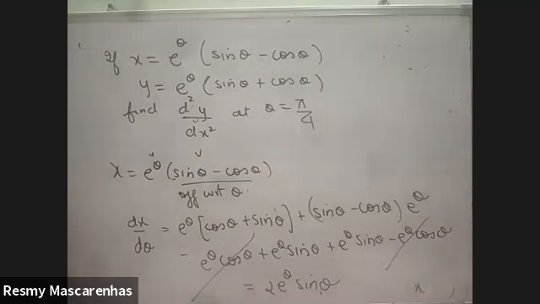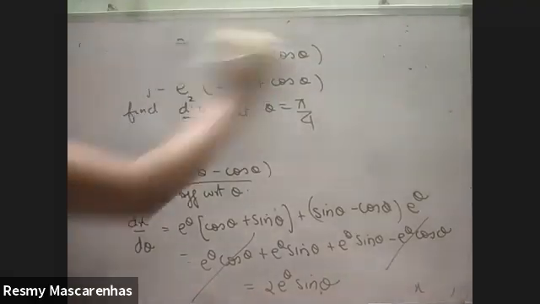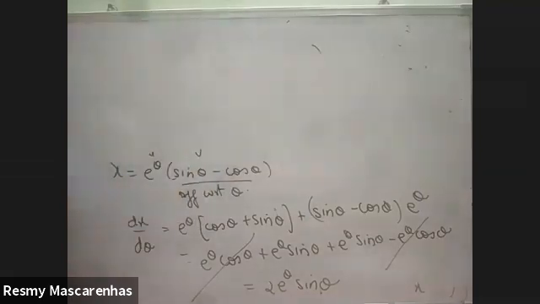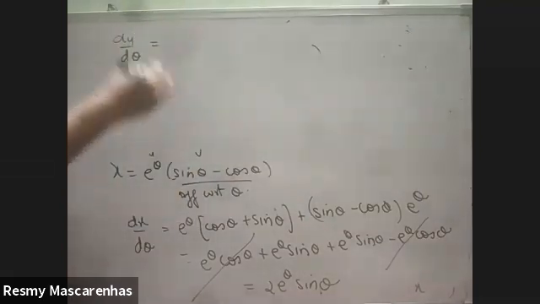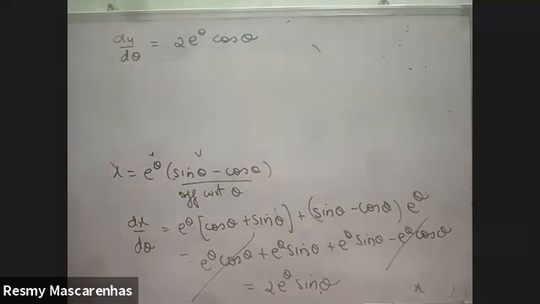How much are we getting? dy by dθ is 2e^θ cos θ. In the same way, dy by dθ will be 2e^θ cos θ, because sine plus sine and minus sine will cancel.